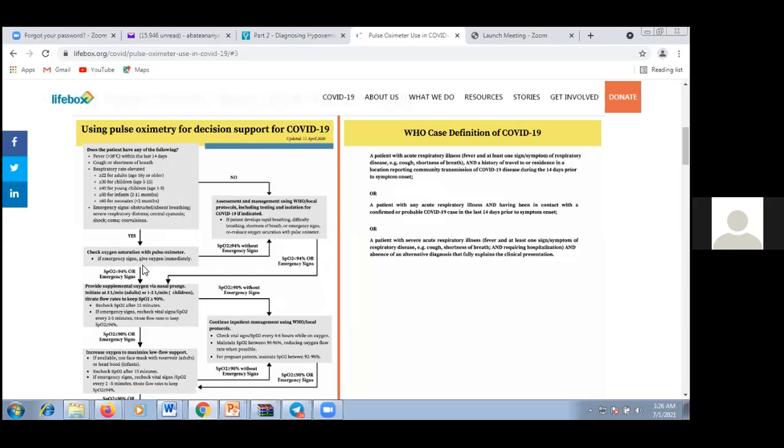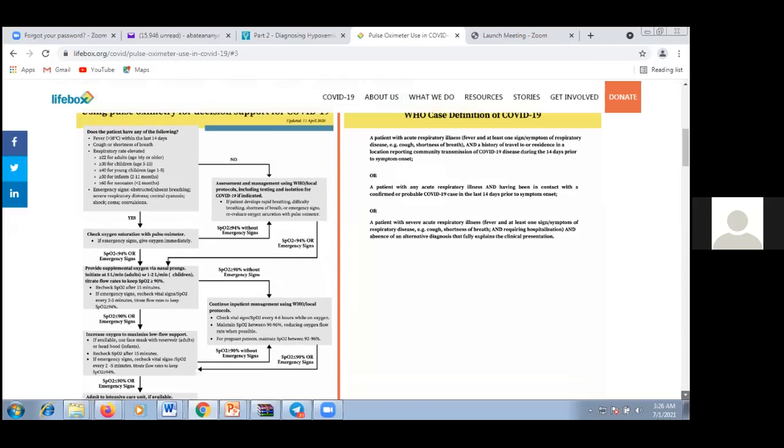And after measuring, if your initial SpO2 level or saturation level is less than 94%, then it's an indication to start the patient on treatment with oxygen therapy. In emergency signs, and without even seeing the saturation, you have to right away start with oxygen. So the initial oxygen should be started with nasal prong as low flow with 5 liters per minute in adults and 1 to 2 liters per minute in children.